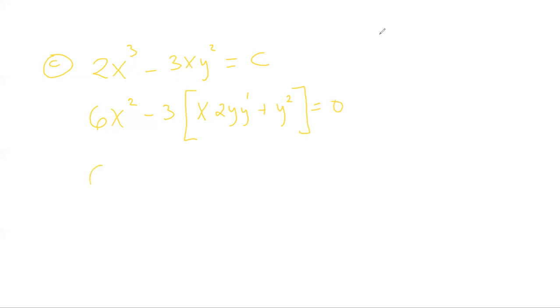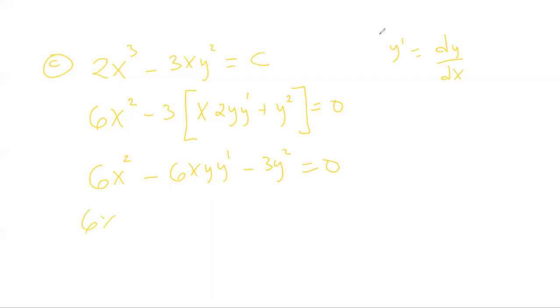So here we're going to have 6x squared. And then if we multiply everything here, we get negative 6xy y prime, and then this negative times this negative, 3y squared, equal to 0. But remember, y prime is the same as dy over dx. So I'm going to replace that here.